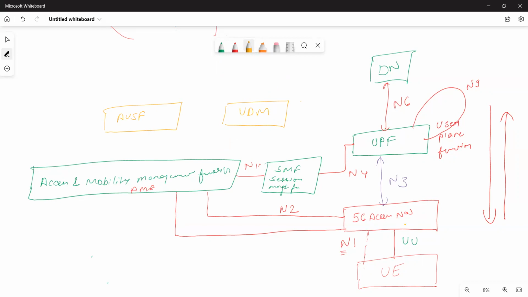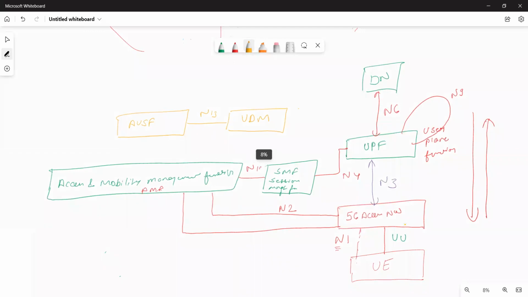So AUSF is authentication server function. We have the N13 interface between them. Okay, and then this AUSF is connected to AMF via the N12 interface, and UDM is connected to AMF via the N8 interface.